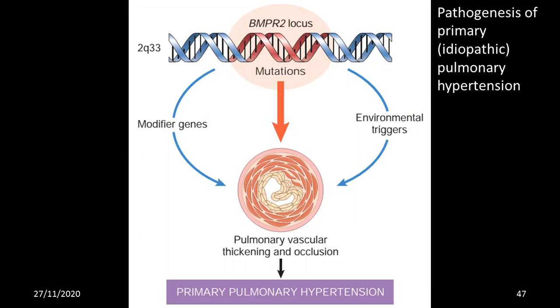There is a mutation, and also some other modifier genes and environmental triggers, which all together cause the pulmonary vasculature to thicken and get occluded. This is one of the main reasons for primary pulmonary hypertension. This is the essential hypertension of the pulmonary circulation.